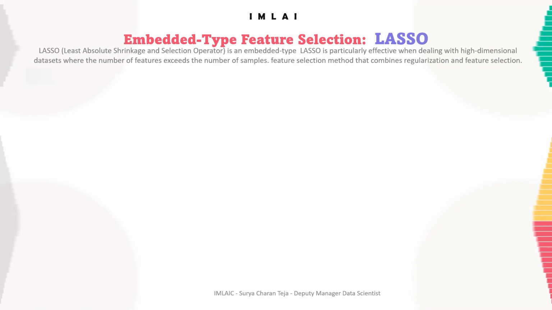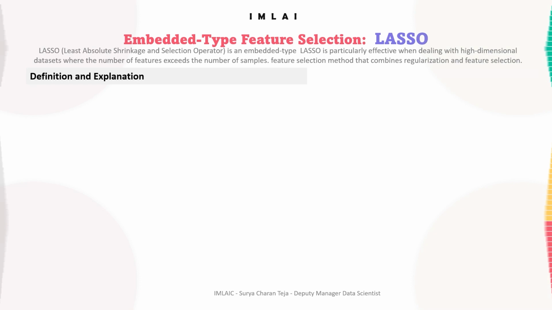Lasso is a linear regression method that imposes a penalty on the absolute size of the coefficients, forcing some of them to be exactly zero. This penalty encourages sparsity in the coefficient vector, effectively selecting a subset of the most important features while shrinking the coefficients of less important features towards zero.